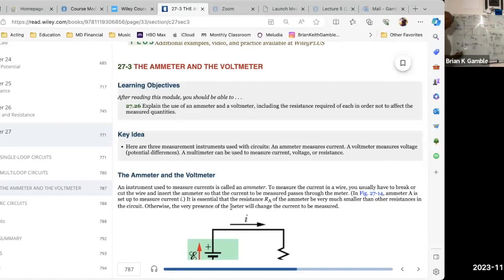So 1 over RC Q of t equals minus dQ over dt. And so I just cross multiply and take the minus over, and I have a minus dt over RC equals plus dQ of t over Q of t.